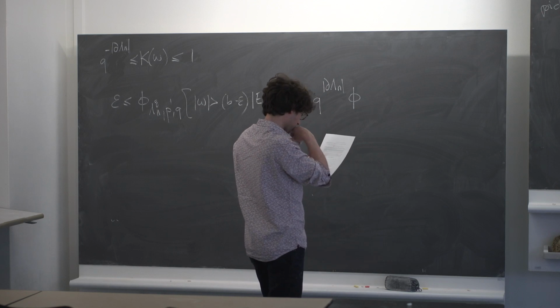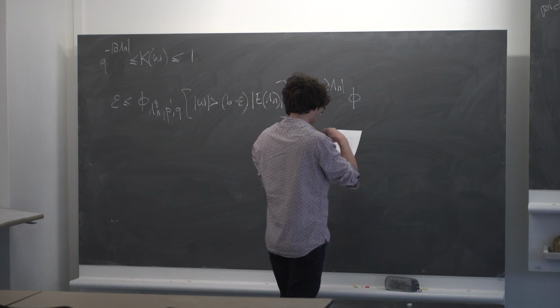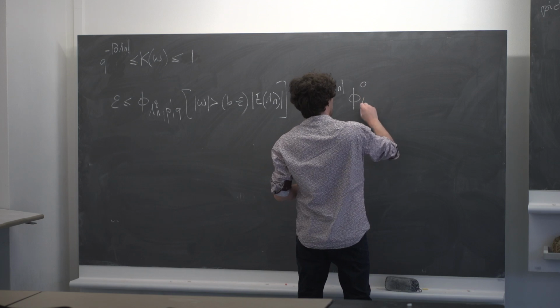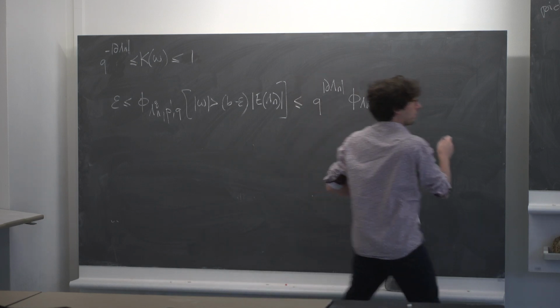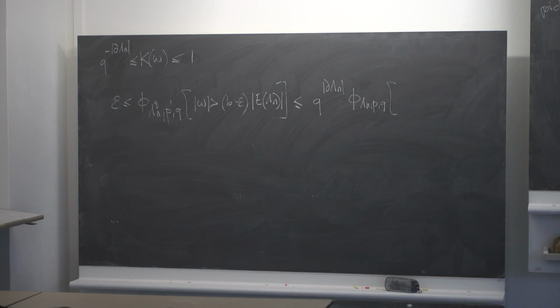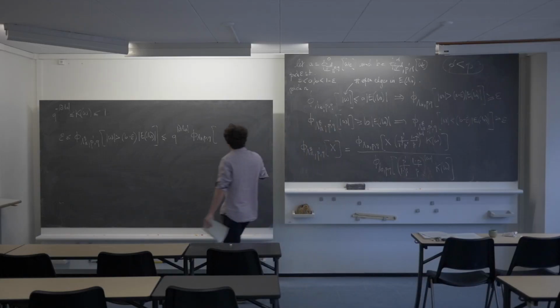What am I doing? Phi 0 lambda, phi lambda n pq of, let me maybe call this quantity here, let me call it lambda, just to make my life simpler.